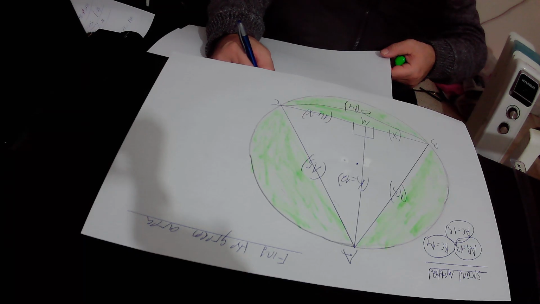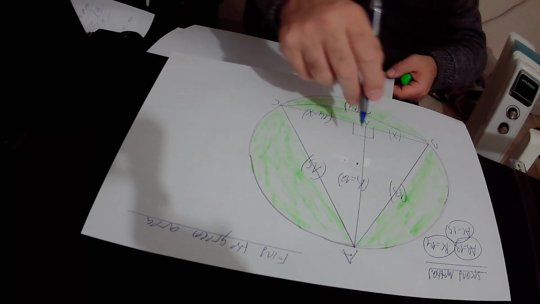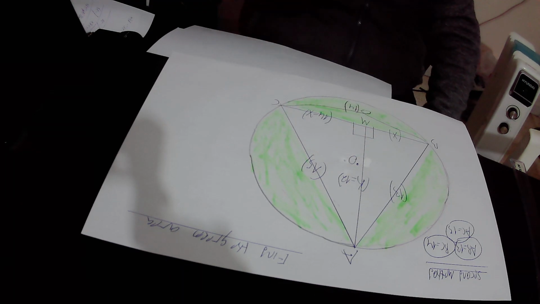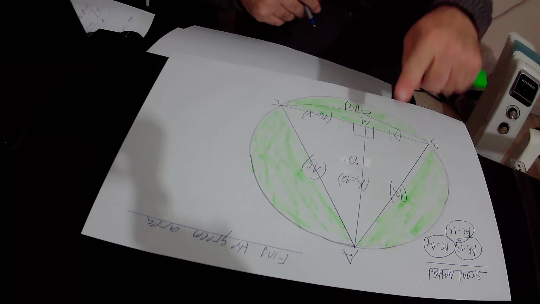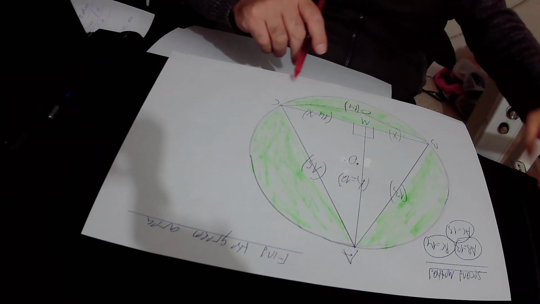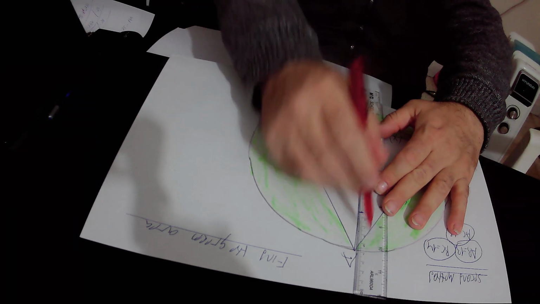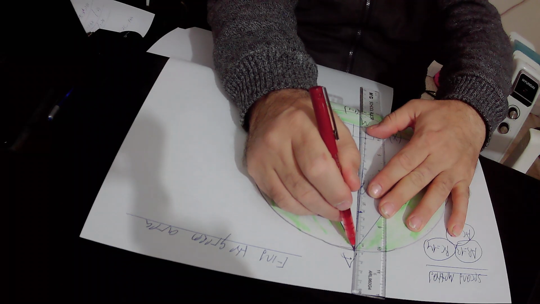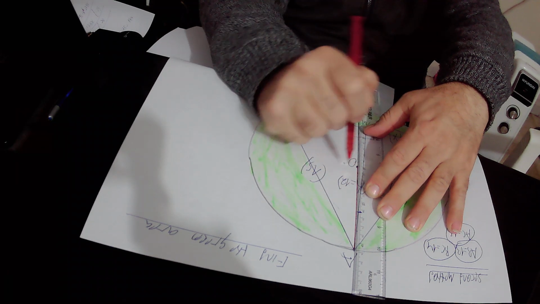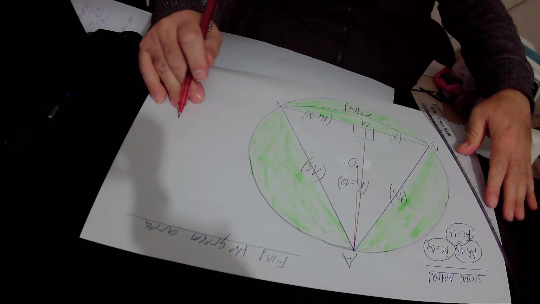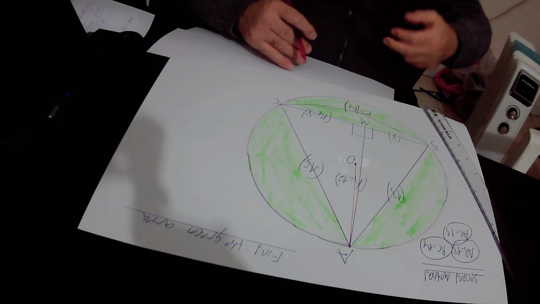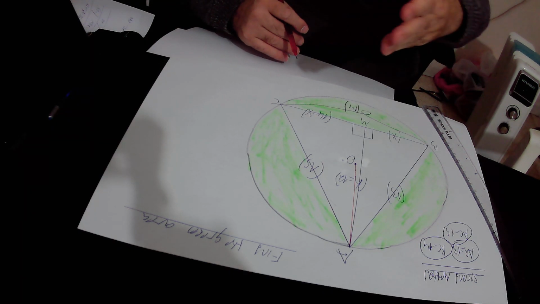In the next step, we'll define the center of this circle as O. And we will join points A and O together by a straight line. Point O is the center of the circle, point A is a point of the circle itself, therefore OA is the radius of this circle.